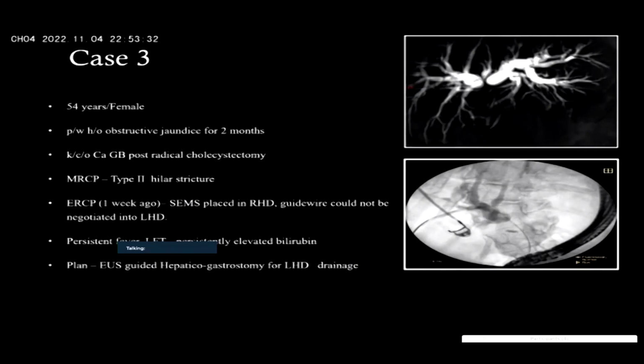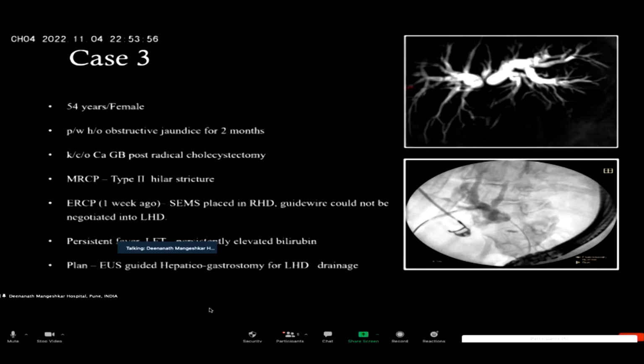Coming to the third case, this is a 54-year-old lady who presented with a history of obstructive jaundice-like symptoms for the past 2 months. She's a known case of carcinoma gallbladder, status post-radical cholecystectomy 4 months back. The MRCP presently shows a type 2 hilar stricture, as we can see on the top right image.